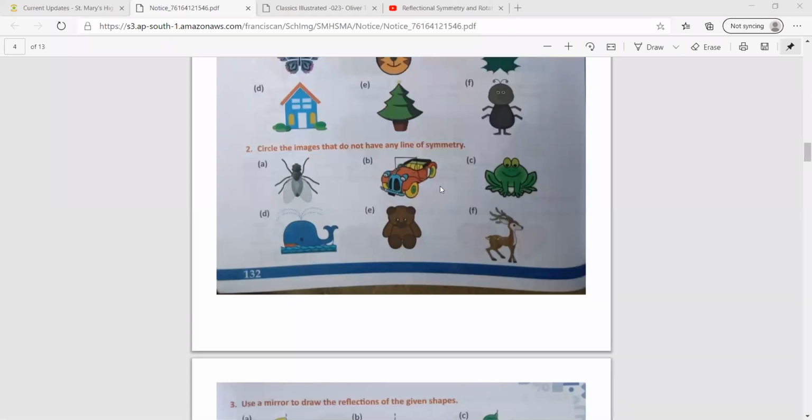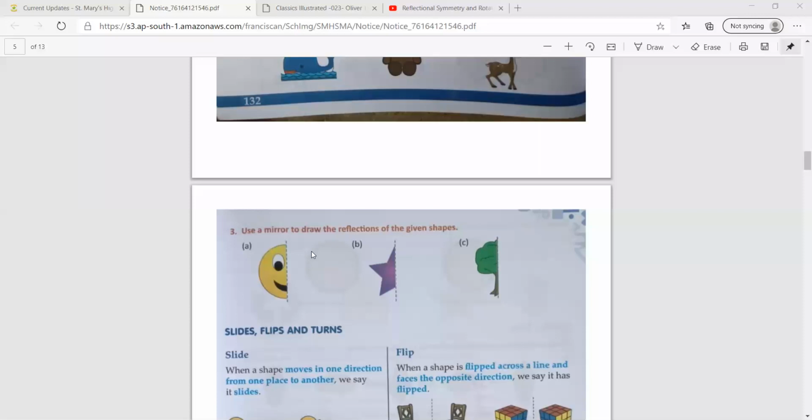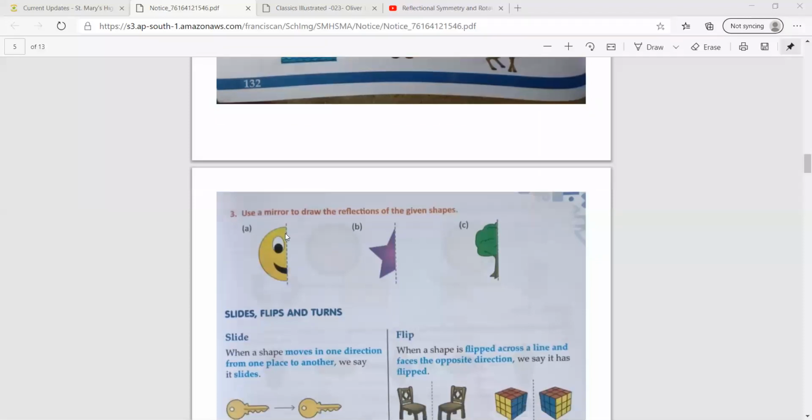So this is not symmetrical. So I would circle this image. Similarly, you look at the different images and figure out for yourself whether a line of symmetry is possible or not. Then we go to question number 3.